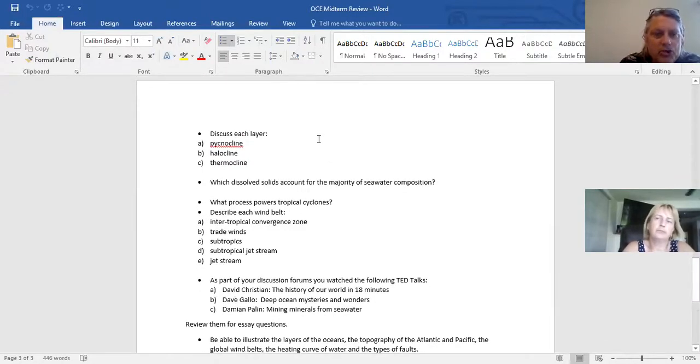With the layers of the ocean, we went pretty in depth into the pycnocline, halocline, thermocline, which all occur in the midwaters. So review that.